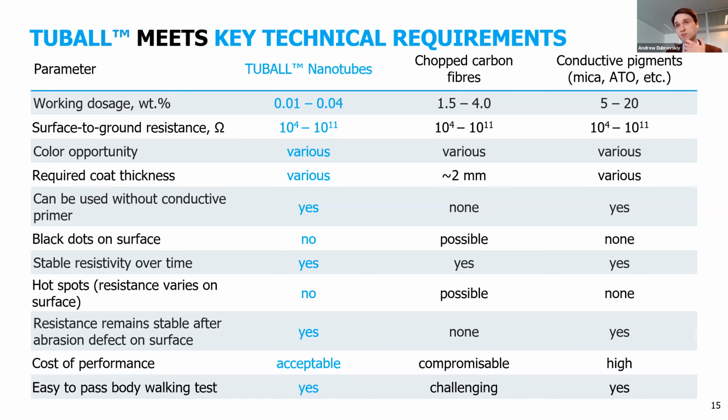So from a physical point of view, this solution is working, but from an economical point of view, it could be rather expensive for some applications. With tubal nanotubes, the working dosage is very low. The working dosage of our material is at the level of 0.01 to 0.04 weight percent. And the cost performance of our carbon nanotubes is balanced, I would say, acceptable for the market nowadays.